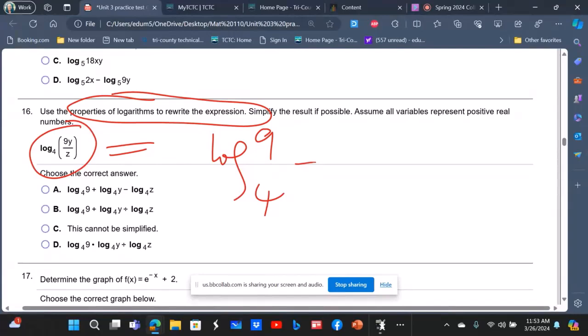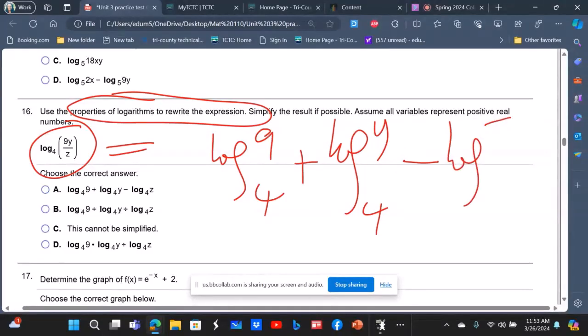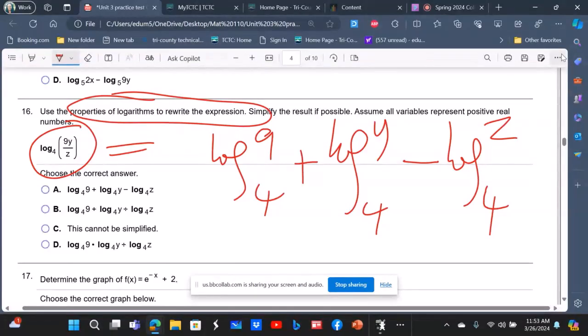I can also say plus log of y to base 4. Division is subtraction in logarithm, so minus log of z to base 4. So this is one of the easy questions here.